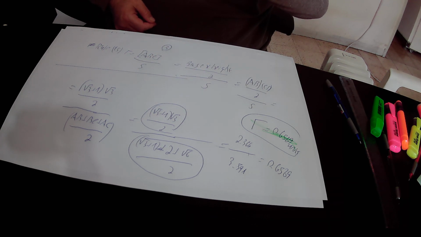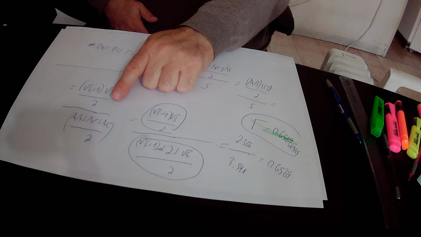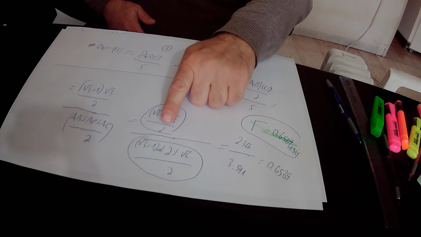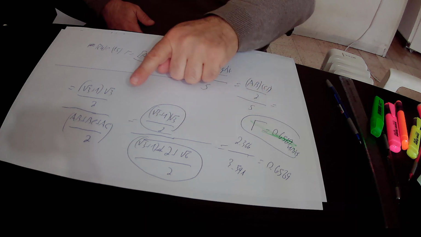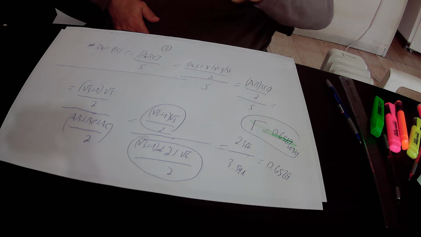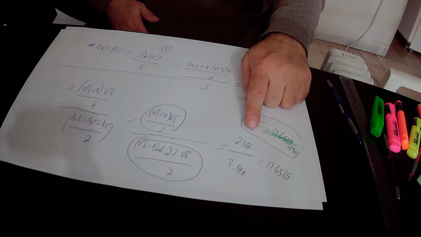The semi-perimeter of our triangle ABC equals the perimeter, that is AB plus BC plus AC, divided by 2. AB is equal to the square root of 3 plus 1, BC is 2, and AC is equal to the square root of 6, all divided by 2. So this expression is the area of triangle ABC, and its value is 2.366.